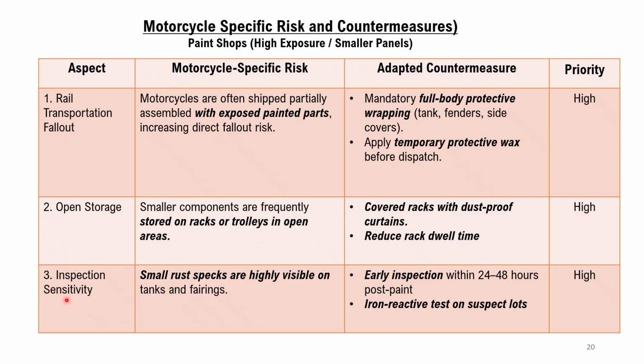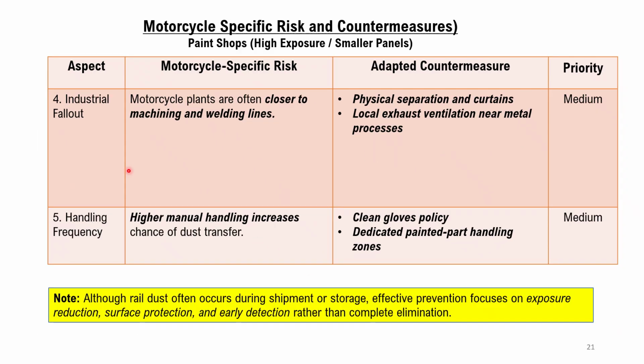Inspection sensitivity. Small rust specks are highly visible on tanks and fairings. Early inspection within 24 to 48 hours post paint. Iron reactive test on suspect lots. These are the recommended countermeasures. Regarding industrial fallout, motorcycle plants are often closer to the machining and welding lines.